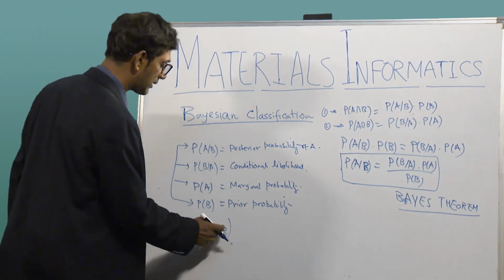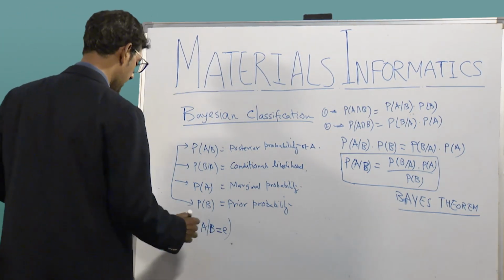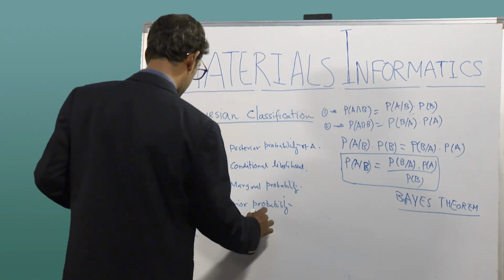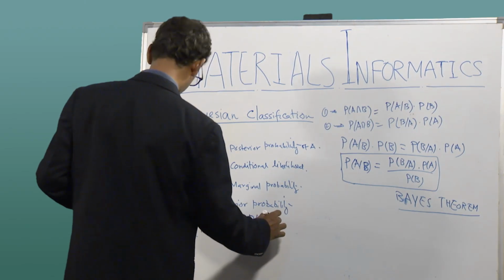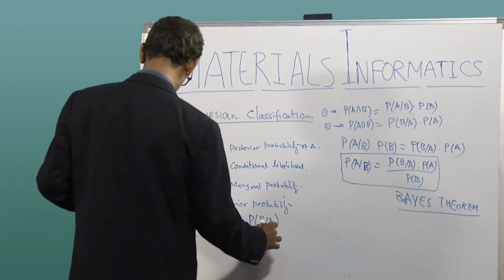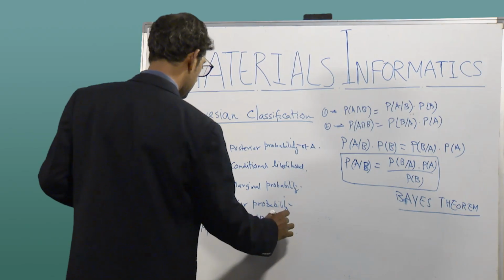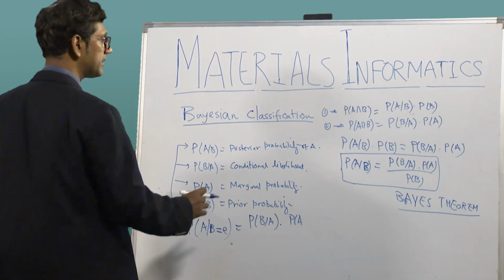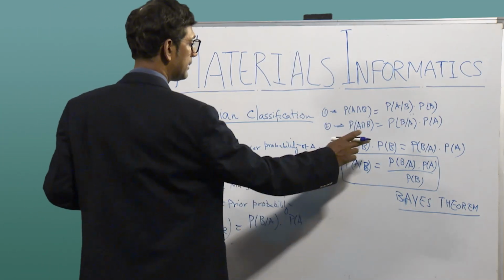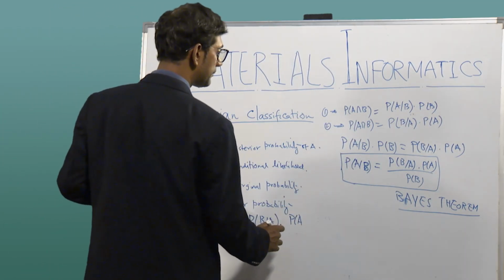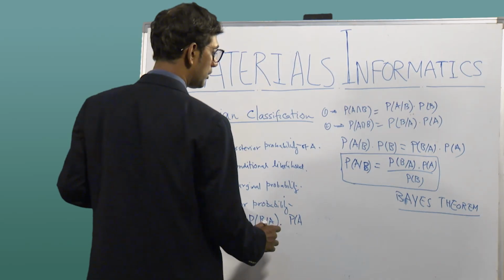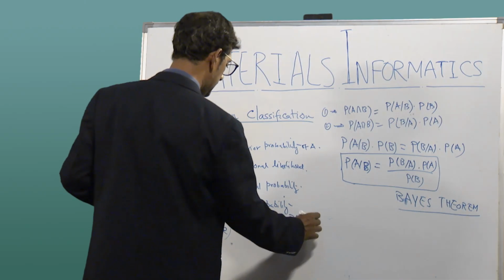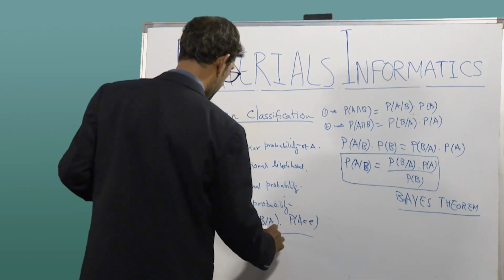That is what is called E. So this can be easily written as P(B/A) multiplied by P(A), divided by P(B).